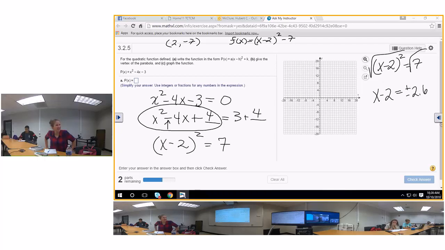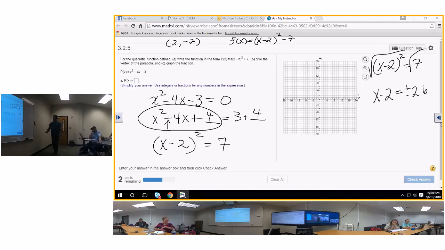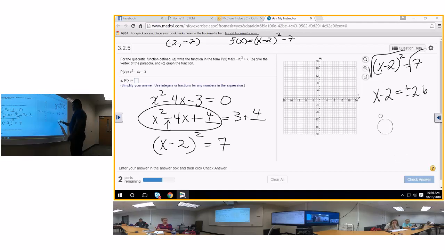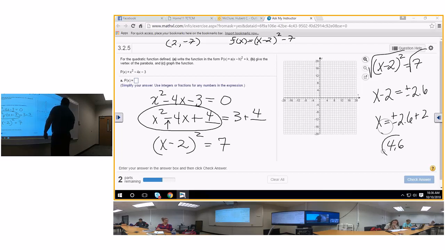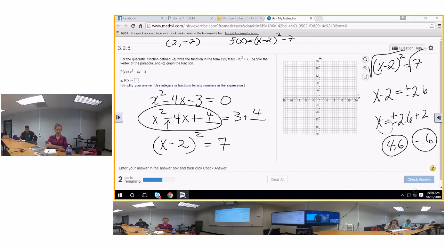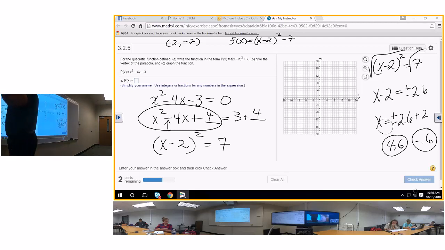Huh. 2.6. And then subtract, x is equal to positive or negative 2.6 plus 2. What's 2.6 plus 2? 4.6. What's negative 2.6 plus 2? Negative 0.6. And there's your 2 x-intercepts.